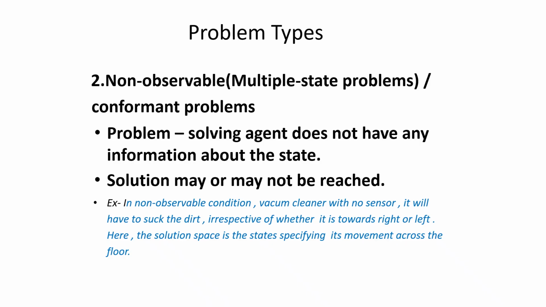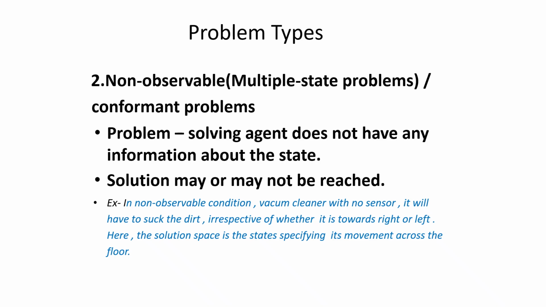This is what happens. Only when the sensor is on and the process is on, and the sensor is observable, will it definitely suck the dirt in the particular place and move to the left side and right side where the dirt is present. So everything will be clear.